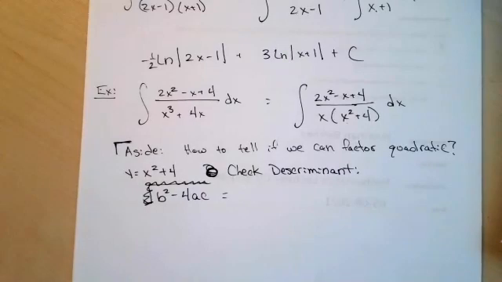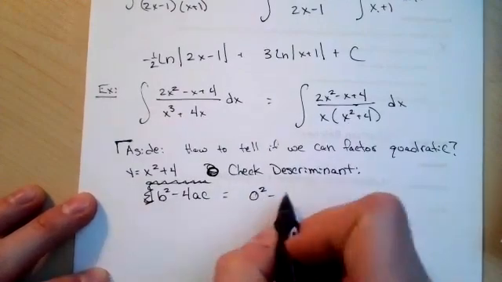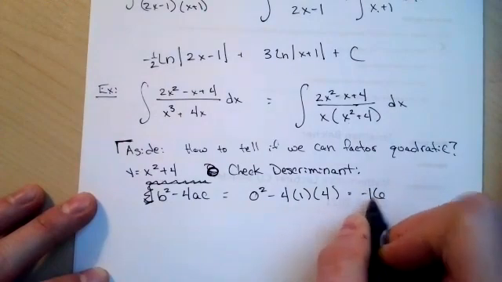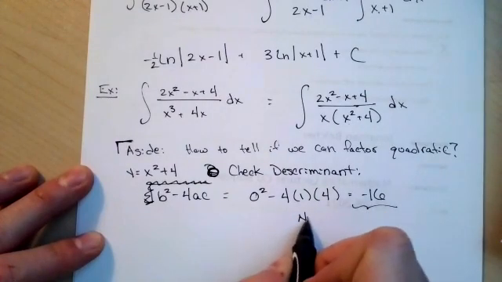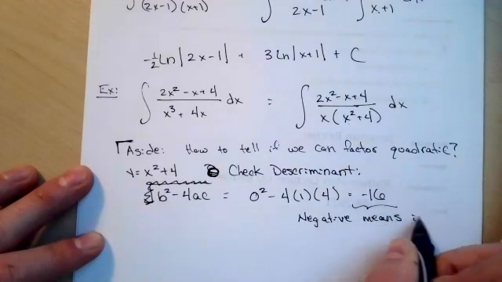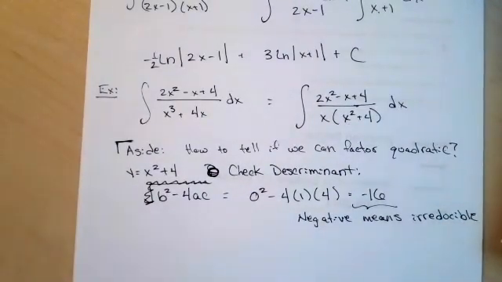We cannot factor anymore. If it's positive, we can factor, and sometimes we would have to use fancy techniques like the quadratic formula to find the roots. So our b squared is 0, minus 4 times a times c. So negative 16. A negative discriminant means the roots are imaginary. So we cannot factor that anymore.